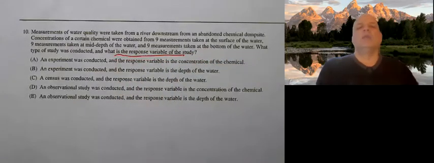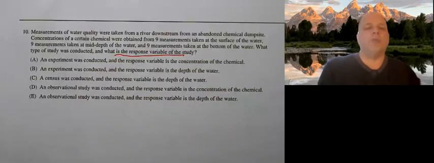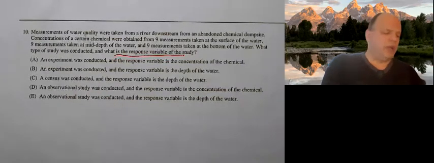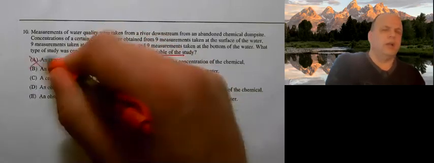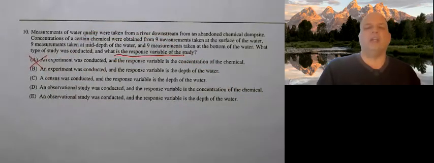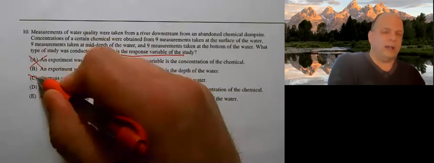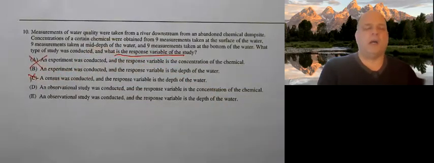All right. So first off, what are we doing? Well, we didn't assign the chemicals, so this is not an experiment. This is an observational study. It's not a census because we didn't measure all the water. A census wouldn't even be possible.